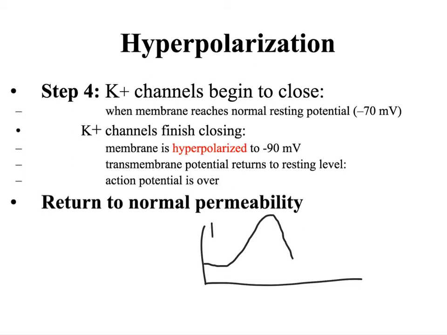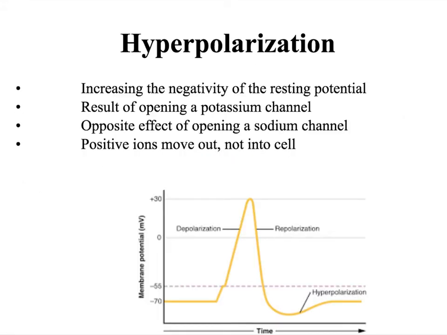Now you're at resting membrane potential, but you continue downward, you've gone into hyperpolarization, then you return back to resting membrane potential. So be sure to understand that in a hyperpolarized state, you're even more negative than you started. So instead of a resting membrane potential of -70 millivolts, now you've reached -90.